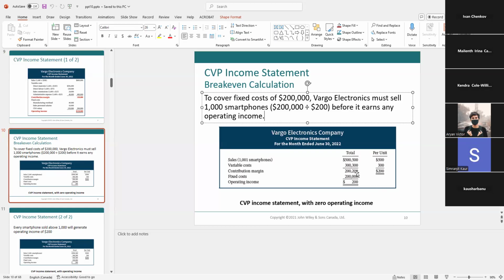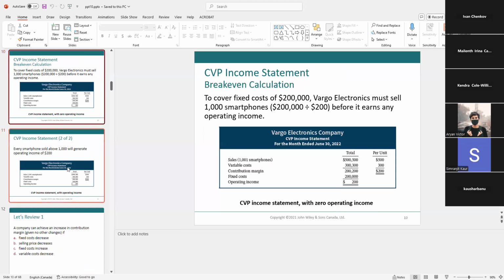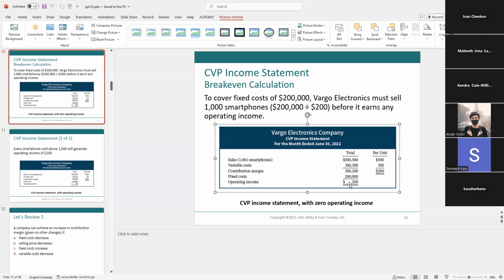Now, what's going to happen if we sell one unit above the break-even? Here's the break-even point. Sorry, that's not the break-even. That should be changed, right? So it should be here, if we generate $200,000, that will exactly match the fixed cost. It will be at zero here.